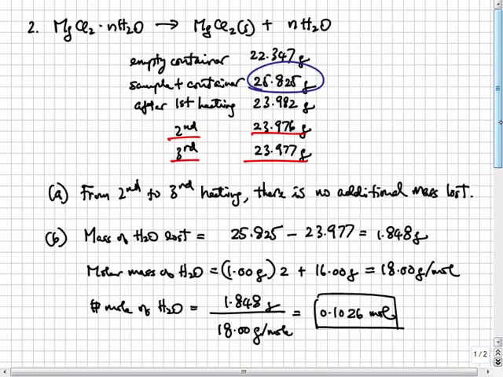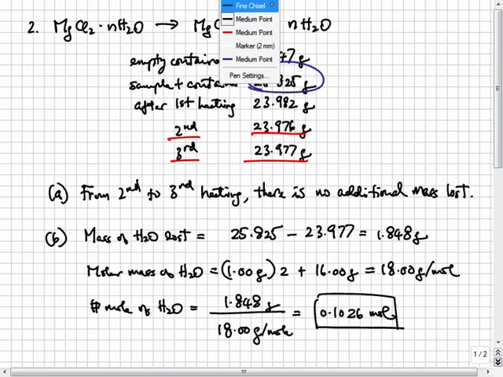To compute the coefficient n, we must also know the number of moles of MgCl2. The ratio of the number of moles of water to MgCl2 should give us n. To compute the number of moles of MgCl2, we need this mass.